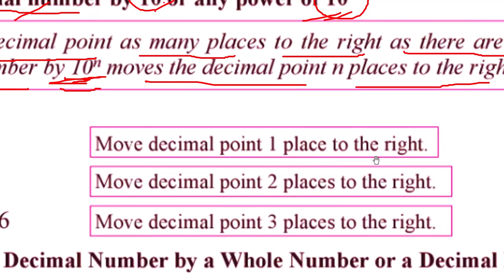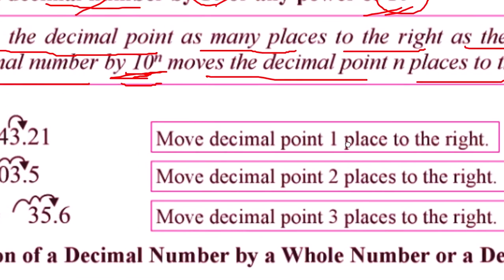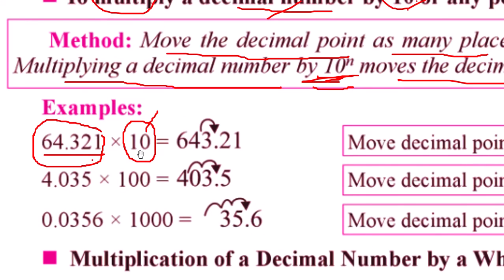So why we are moving only one place? Because in the multiplier, means we are multiplying with 10. Here 10 is called multiplier. In multiplier only one zero is there. So that's why we are moving one place to the right. Suppose in the second example, 4.035.